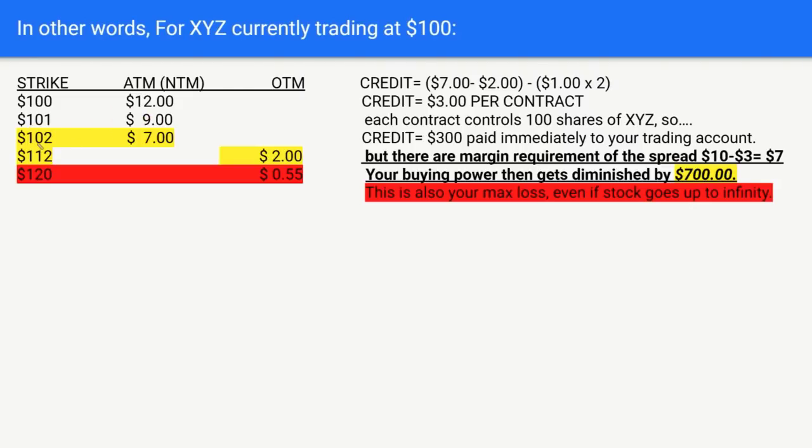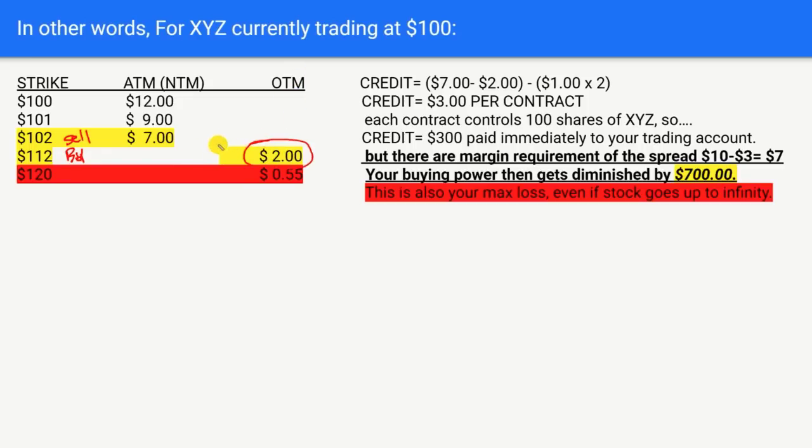As we discussed, we're interested in selling a vertical spread, a call spread in this situation, at 102. We're going to sell this, and we want to buy this. This is out of the money.